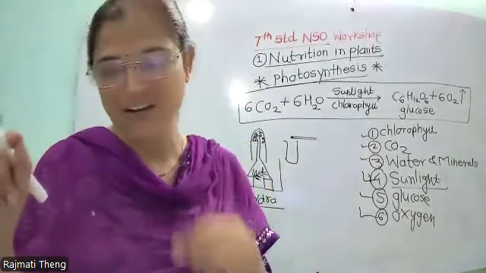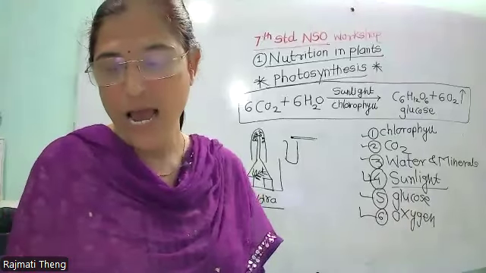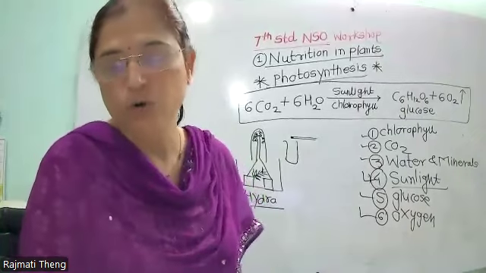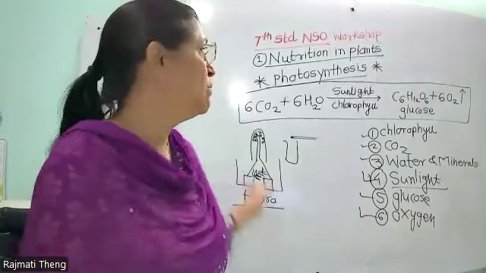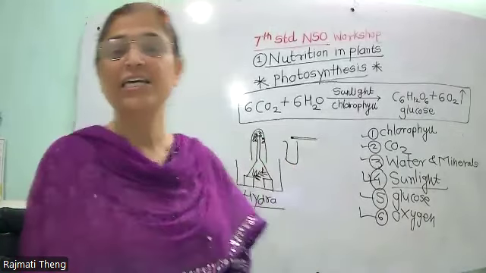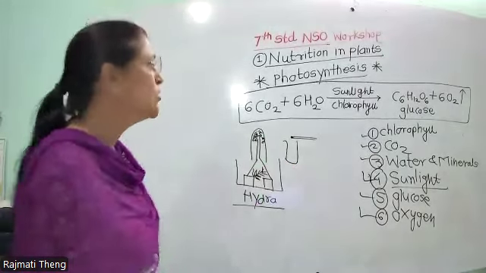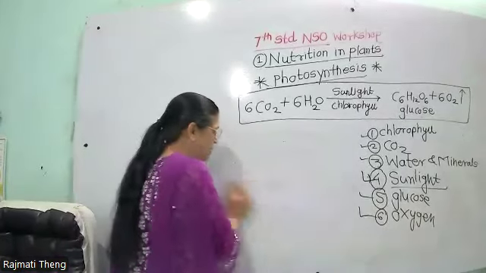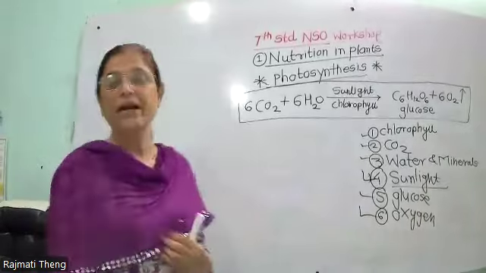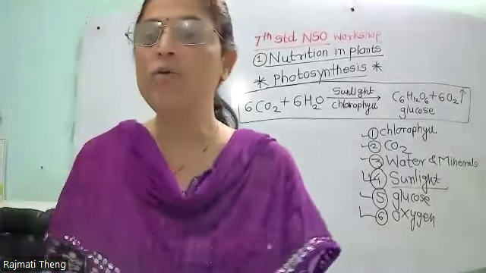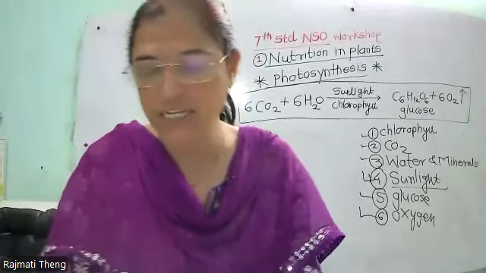Okay, हमने matchstick on की, and this activity shows that in the process of photosynthesis oxygen is given out, क्योंकि वो जो मैस्टिक में कंटिन्यूअसली अच्छे से ग्लो होती है, ऑक्सीजन बर्निंग के लिए सपोर्ट करता है.